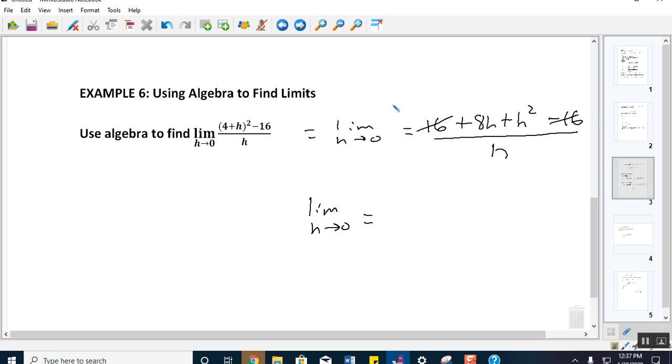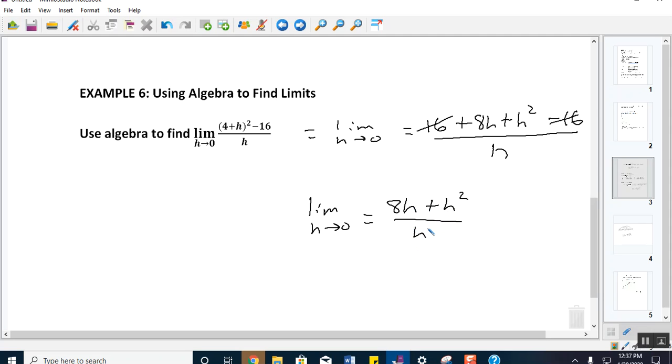All right, so what do I have left up top, kids? 8h. Over what? Over h. Now, what's really unique about stuff like this involving limits is the following, kids. What does this h down here do to one of the h's up here?